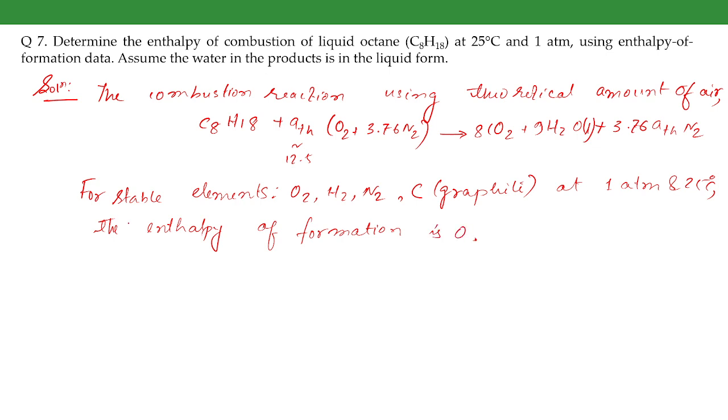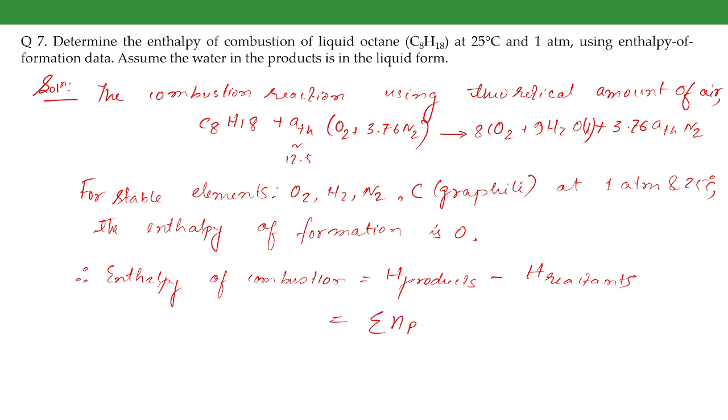Therefore, the enthalpy of combustion is the enthalpy of formation of the products minus the enthalpy of formation of the reactants. That can be written as the sum of NP HFP, which for the individual component is the enthalpy of formation per mole of that component multiplied by the number of moles of that component, minus the same for the reactants.